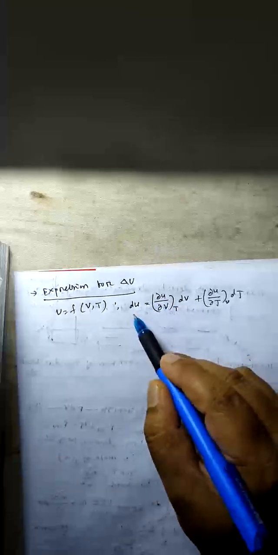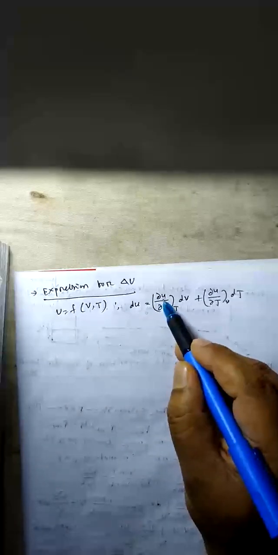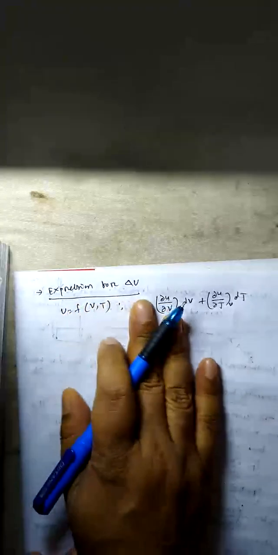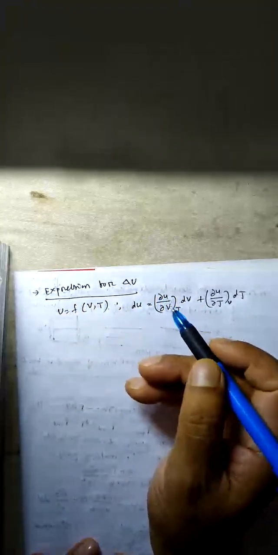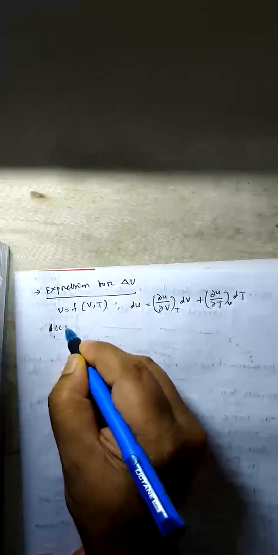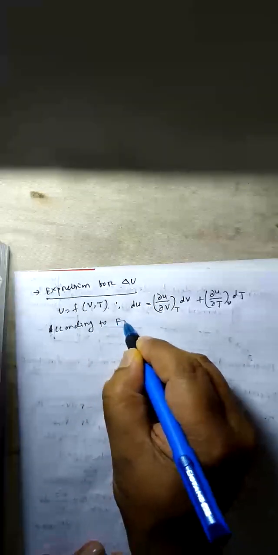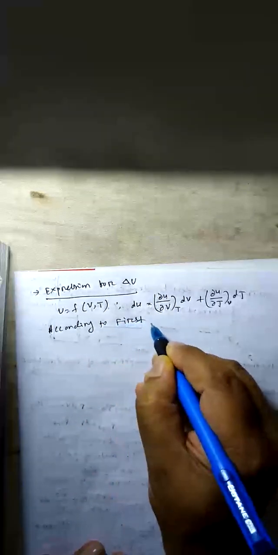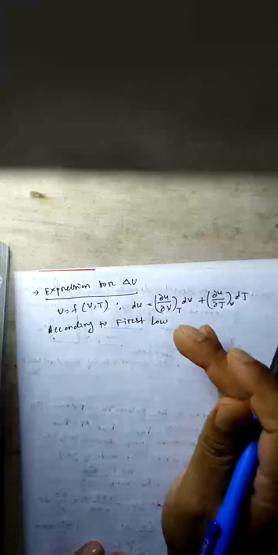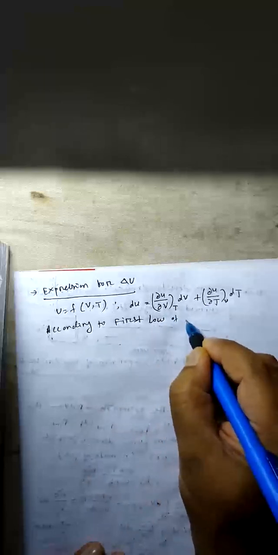So the complete change in internal energy is given by partial derivatives, because more than one variable is present. According to the first law of thermodynamics, we apply the first law because the first law deals with the concept of internal energy.